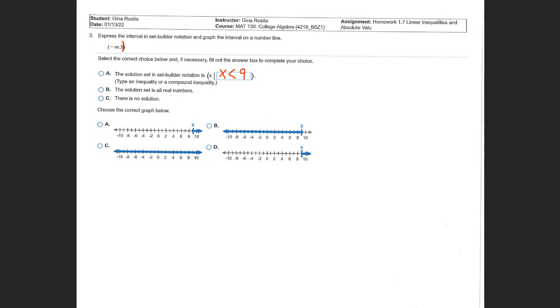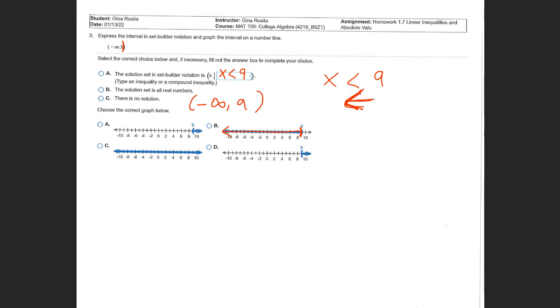Now from the question, negative infinity to 9, you can see the graph. Look for the one where the arrow goes to the left, x less than 9. Choose 9 first, between A or B. Now look at B: at 9, the arrow goes to the left, because of less than.